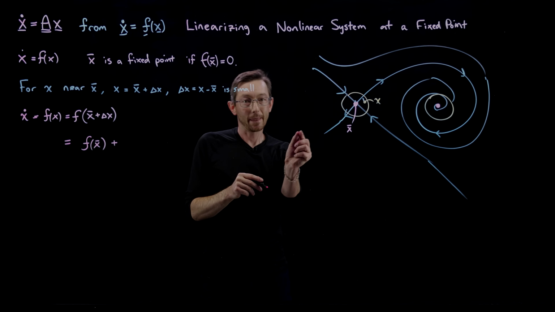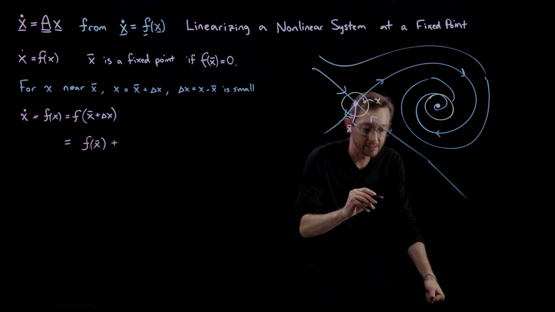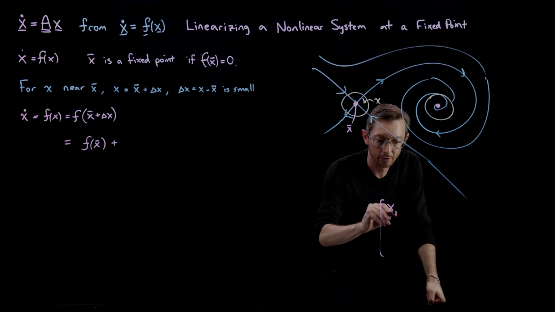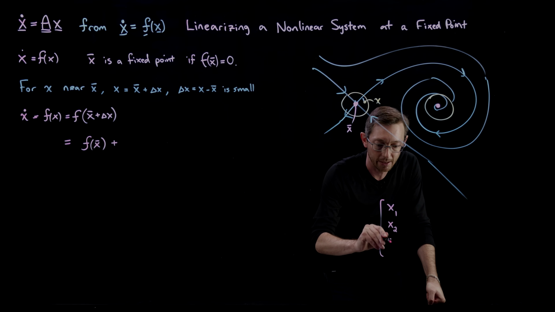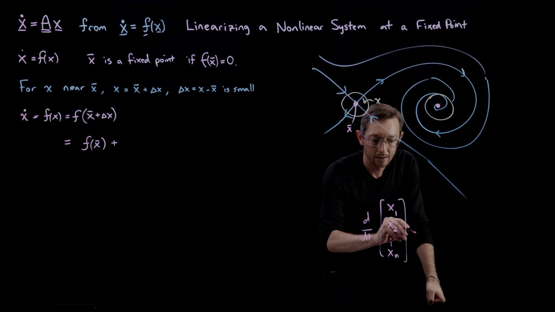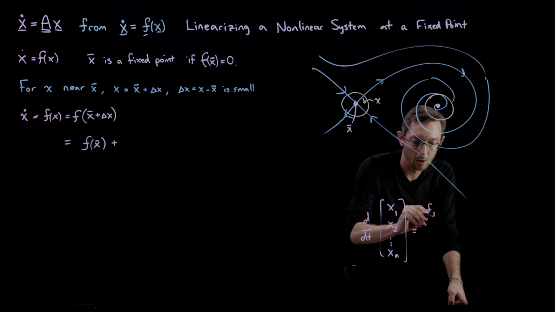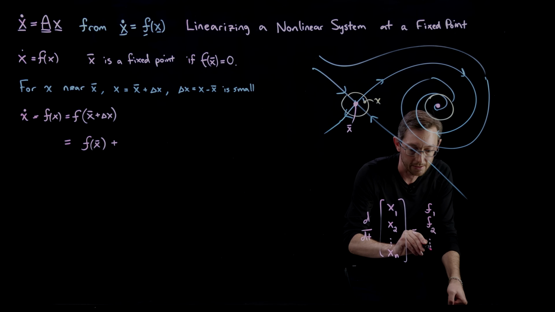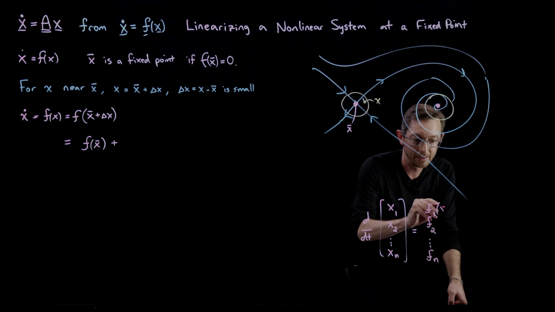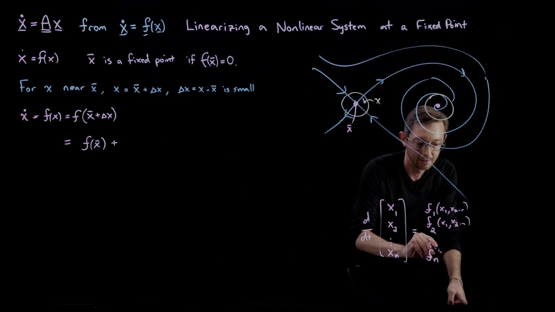Because x is a vector, let's say x1, x2, up to xn, d/dt of that equals f, which also has components f1, f2, up to fn, and these are all functions of x1, x2, up to xn.